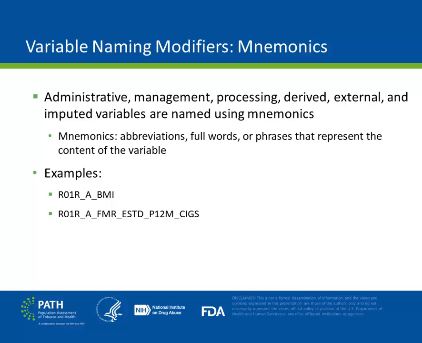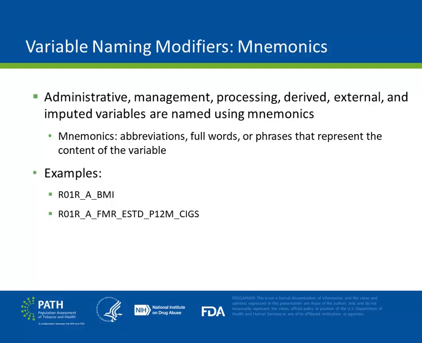Administrative, management, processing, derived, external, and imputed variables are named using mnemonic modifiers. Mnemonics are abbreviations, full words, or phrases that represent the content of the variable.